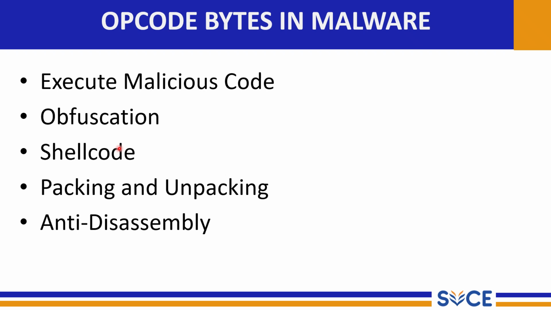Malware may use techniques to confuse disassemblers and make it harder to understand the code. This can involve inserting invalid opcode bytes or using instructions that have different meanings depending on the context. Opcode bytes are the raw binary instructions that a CPU executes.